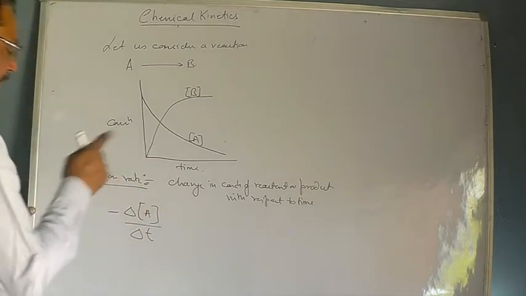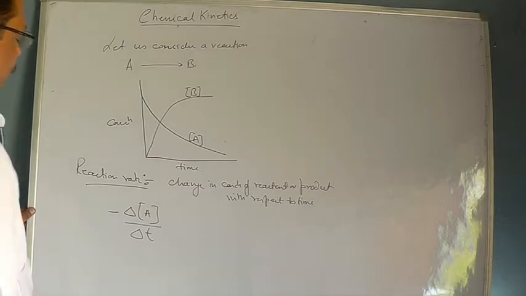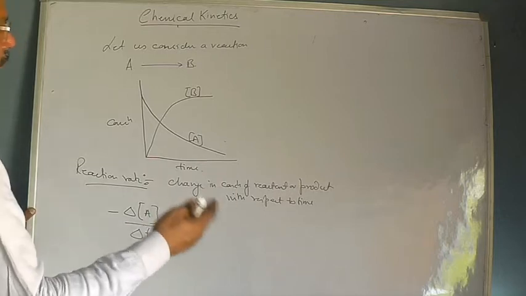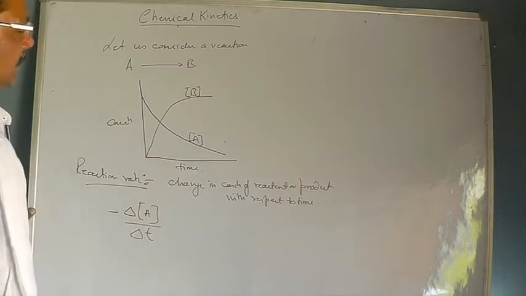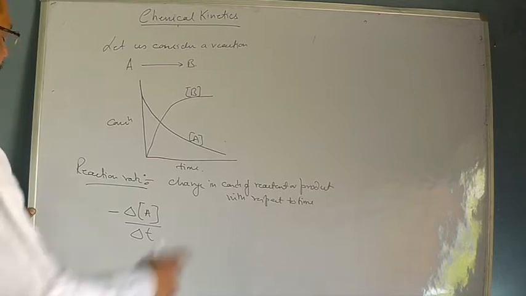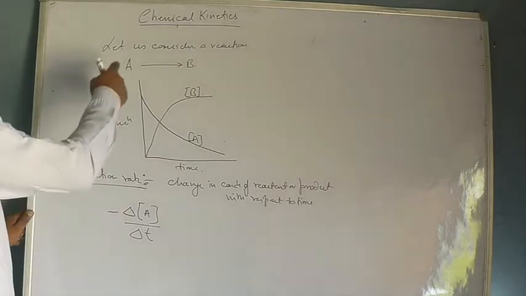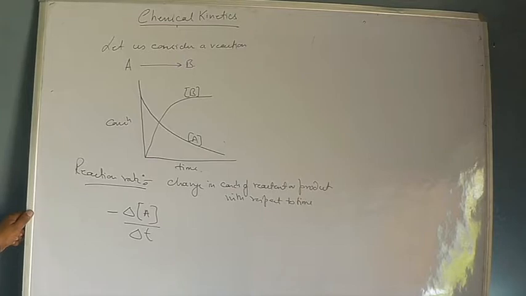Remember, rate is never negative. Suppose 5 moles of any substance get reduced to 2 moles. Final mole is 2, initial mole is 5. If we find delta, the value will come minus 3, and when minus 3 is multiplied by this negative sign, it gives a positive value. So that's why for the reactant, we always put a negative sign in the expression.